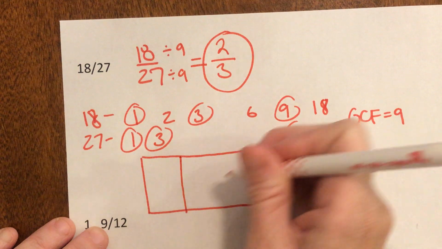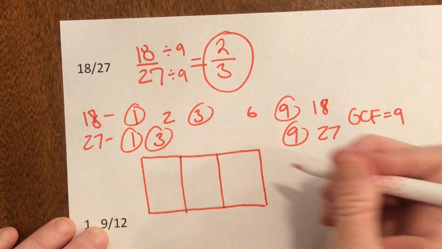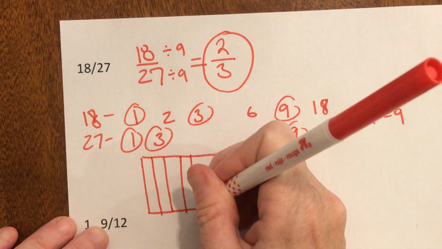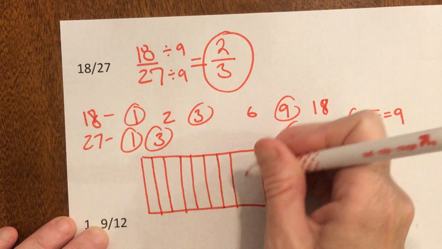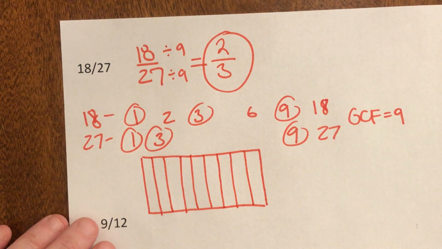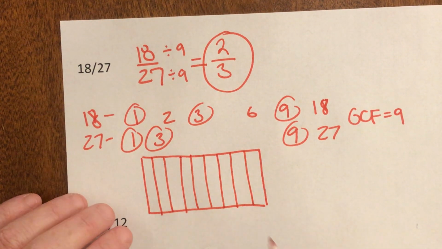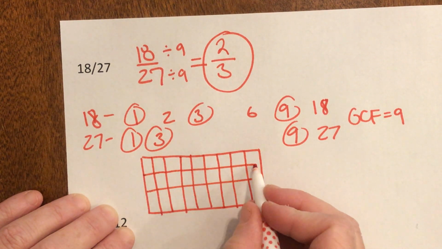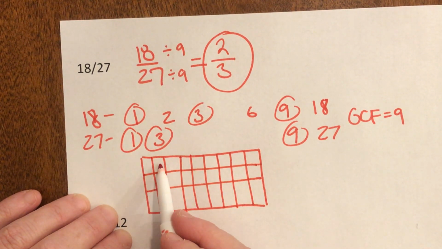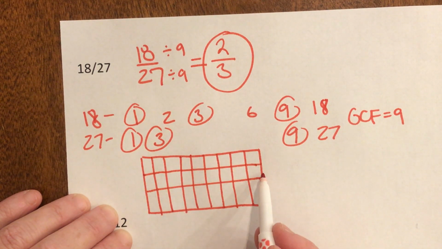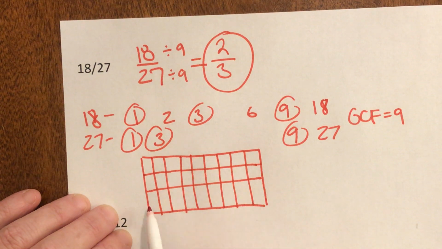If it was cut into 27 pieces, I might start by cutting it into maybe ninths, and then maybe I'll cut my ninths in like this. Okay, let's see if that's really 27 pieces. I have 1, 2, 3, 4, 5, 6, 7, 8, 9 times another 9 and another, or plus another 9.